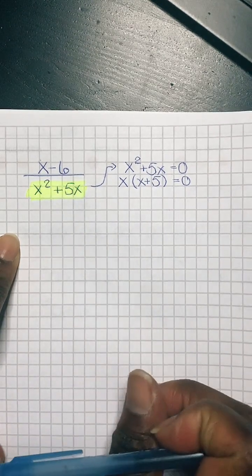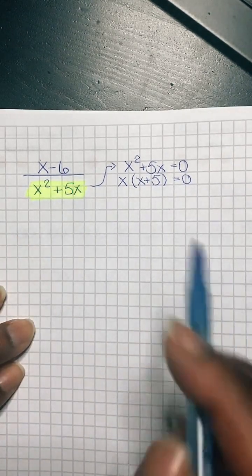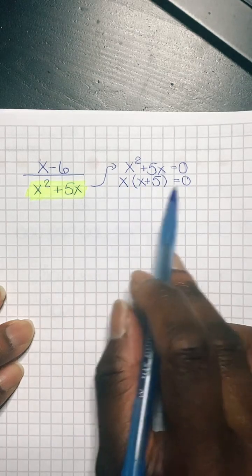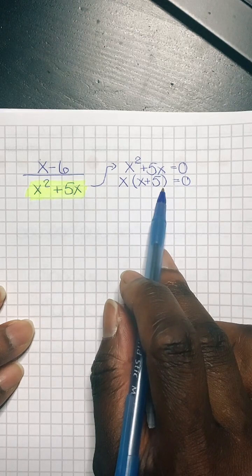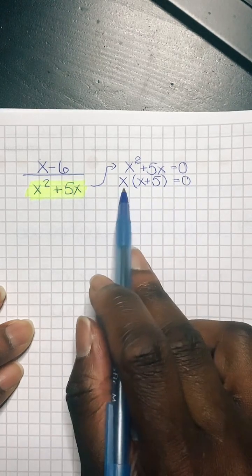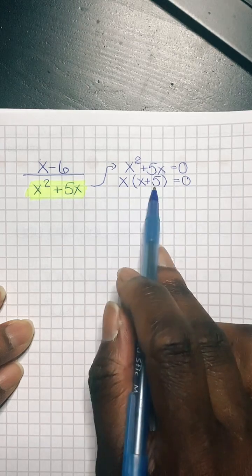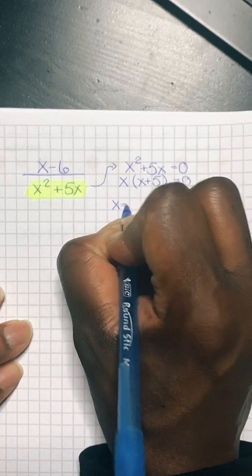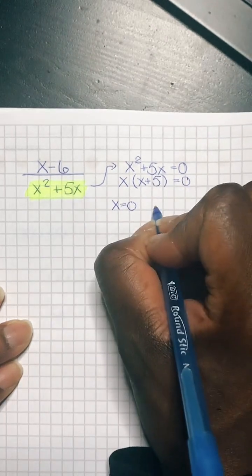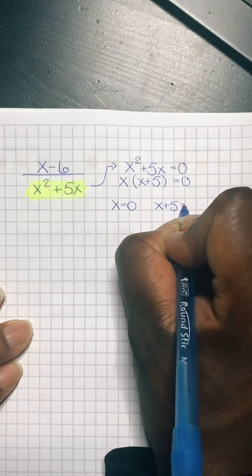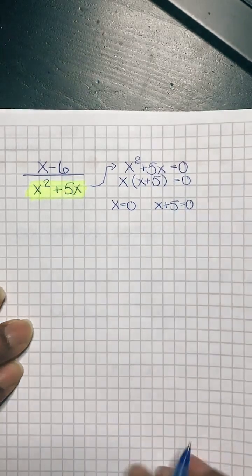Okay, all right. So after I pull out the GCF, and then what remains is inside its parenthesis, now I'm going to set each of those parentheses equal to 0. So that means x is going to equal 0, and x plus 5 is going to equal 0.